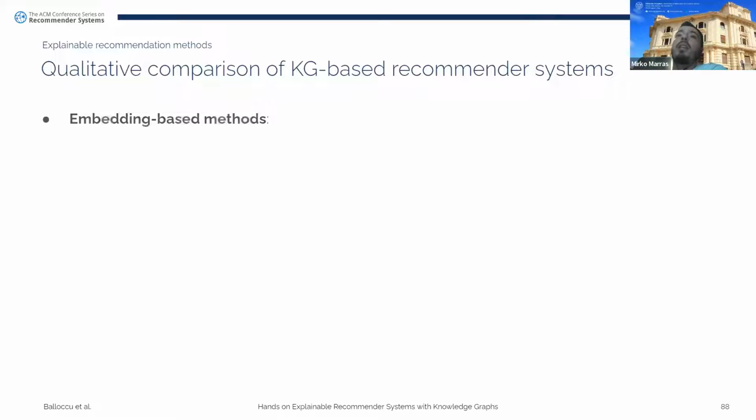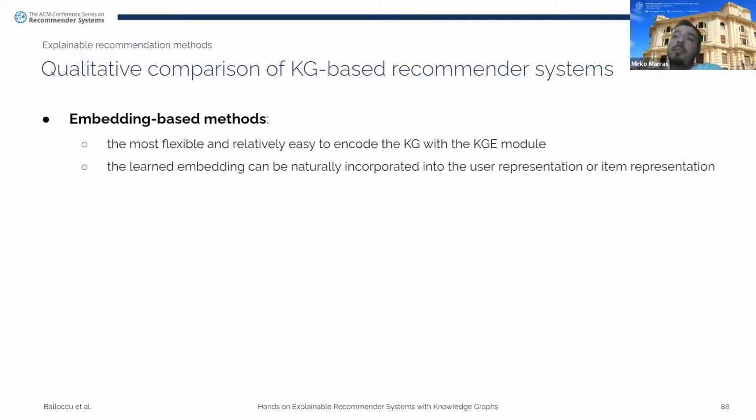And we start with the embedding-based methods. They are the most flexible, and with them it is relatively easy to encode the KG with the KGE module. The learned embedding can be naturally incorporated into the user representation or item representation.